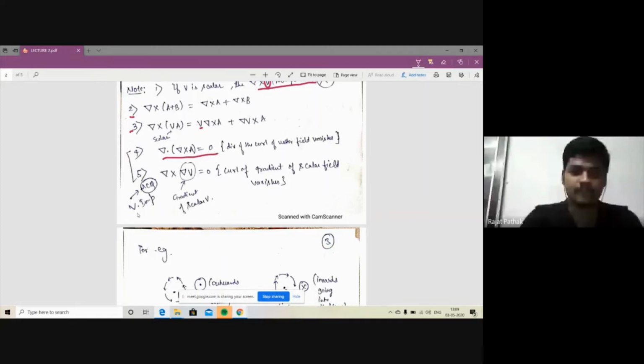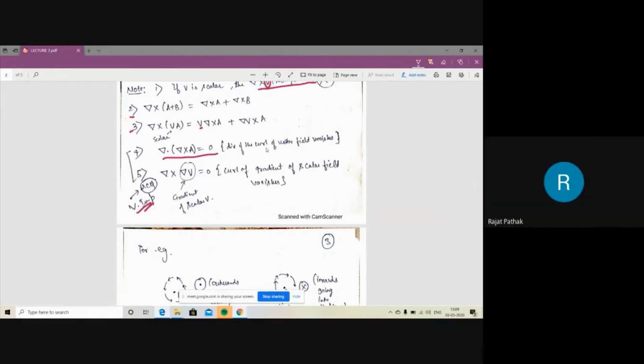These two, 4 and 5, are very important as far as MCQ is concerned. So the fourth point is that the divergence of the curl of a vector field is equal to 0. If A is a vector, you calculate the curl of that, and then the divergence of that curl of vector field A, it should be equal to 0.